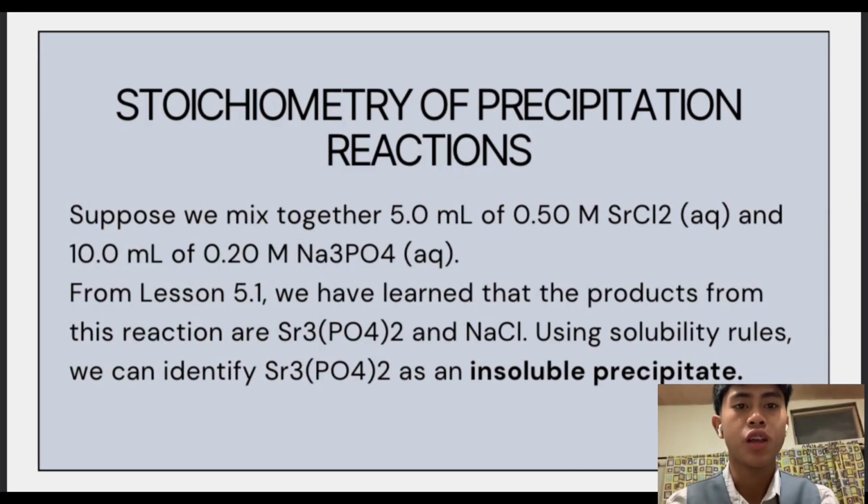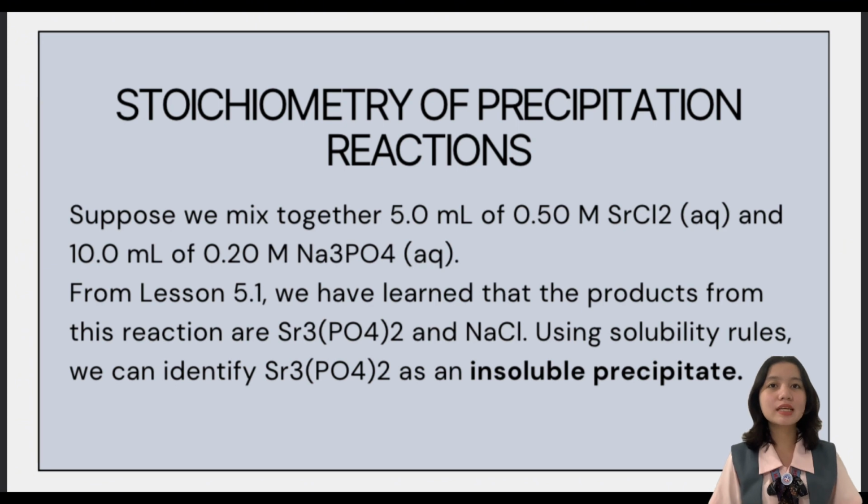For example, if we mix 5.0 mL of 0.50 M SrCl2 and 10.0 mL of 0.20 M Na3PO4. From the preceding lesson, it was elucidated that the resulting products of this reaction comprise Sr3(PO4)2, which is an insoluble precipitate, and NaCl.